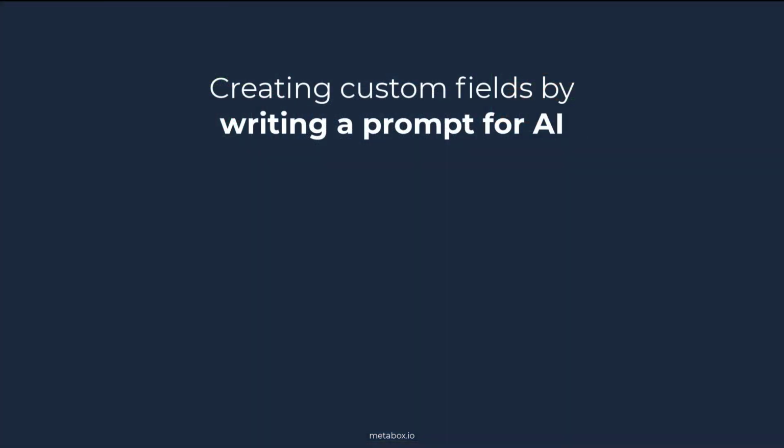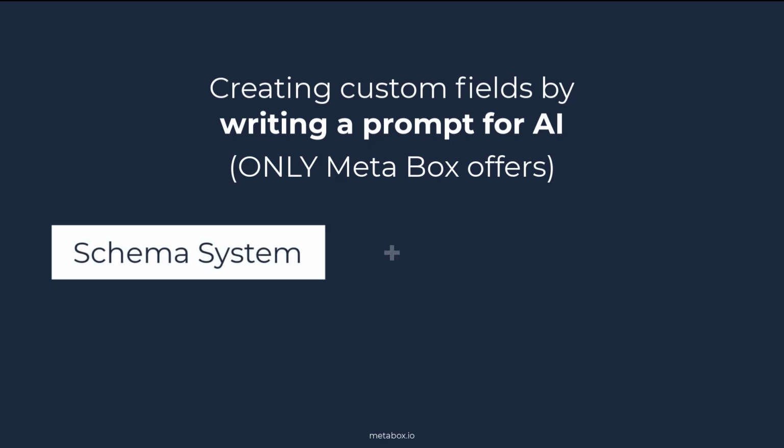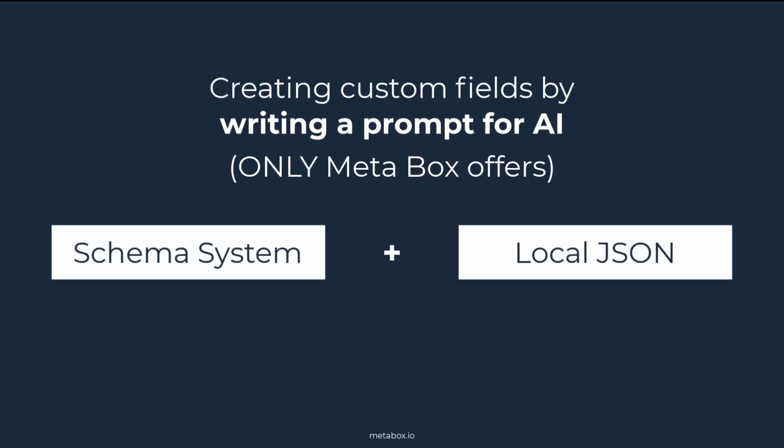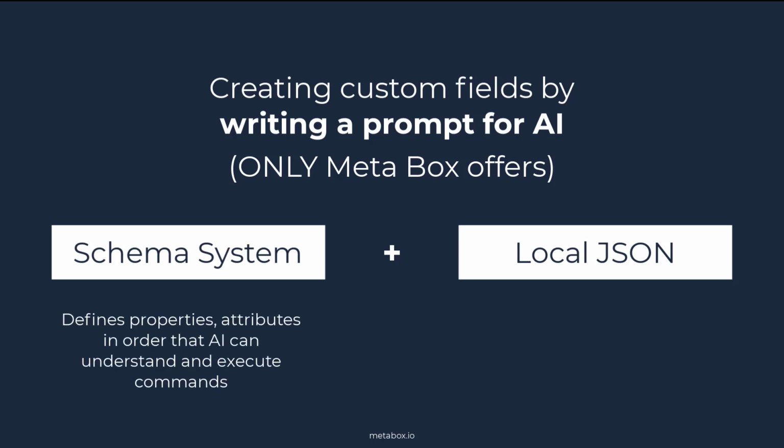However, automatically creating custom fields just by writing a prompt for AI is a feature only MetaBox offers. This is made possible thanks to the schema system and local JSON provided by MetaBox. The schema system defines all the properties and attributes of each field.